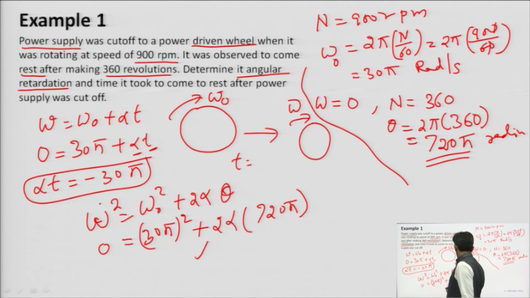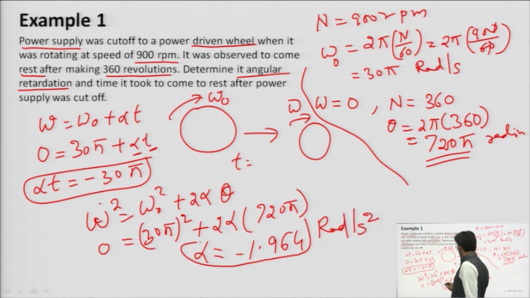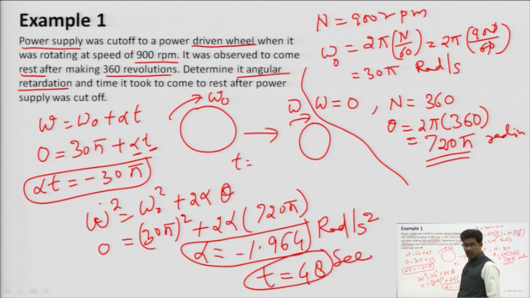So we can calculate the value of alpha, it will be minus 1.964 radian per second square, and by putting this value here we will get the time, which will be 48 second. So, this is one question.